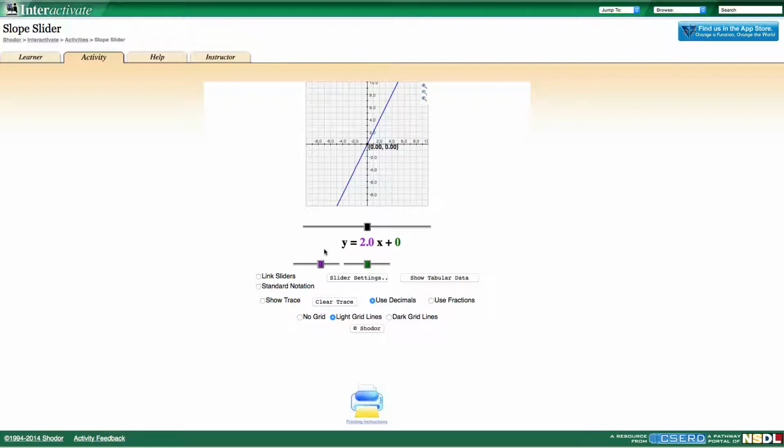We now have a new equation, and slowly we can move the slider to the right. What happens? That's the question you're being asked. Then you're going to move it to the left. So now that you've been introduced to this, go ahead and go through the activity, answer the questions in the activity. If you want to fool around with things in here, of course, go for it. Pause the video. When you're done, come on back, and I'm going to continue with some examples for you.